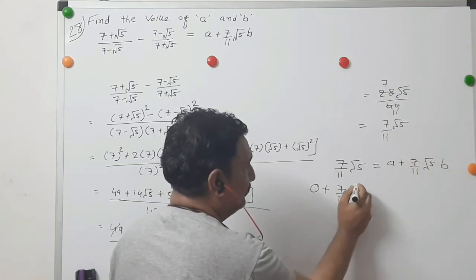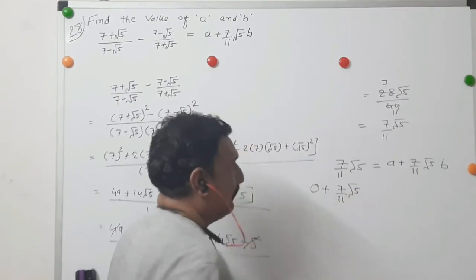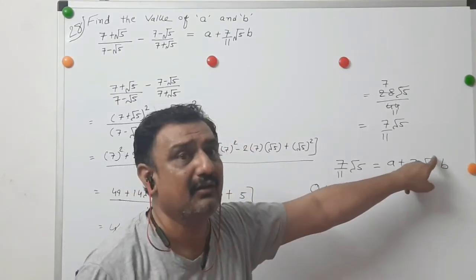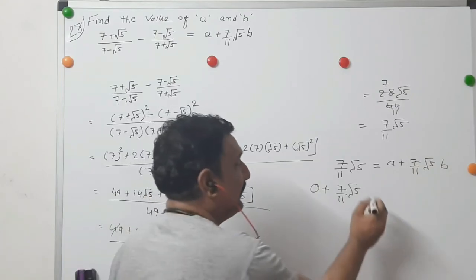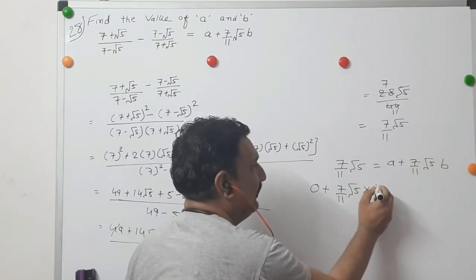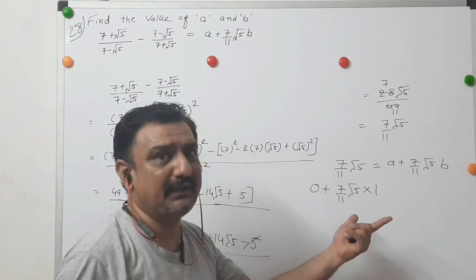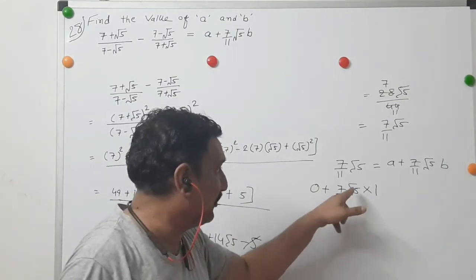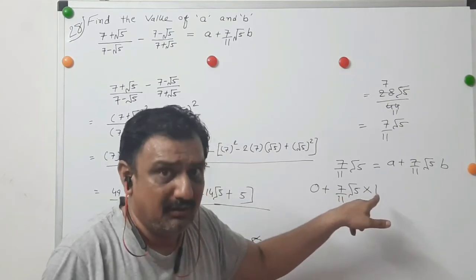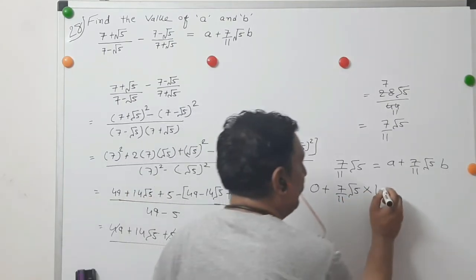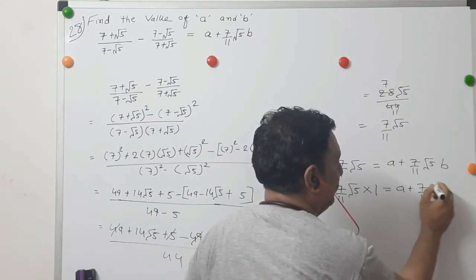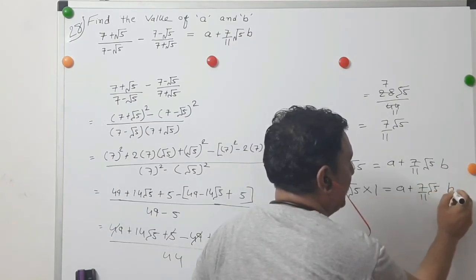But here 7 by 11 root 5 is multiplied with b. So there is no b. We know that we can multiply by 1, so it is by default a multiple of 1. So 7 by 11 root 5 multiplied by 1. It is again compared with a plus 7 by 11 root 5 b.